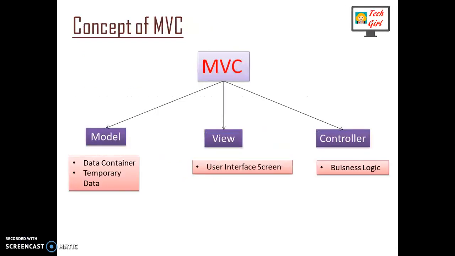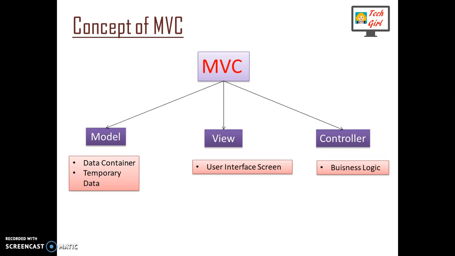So this is the concept of MVC. What is MVC? M stands for model, V stands for view, and C stands for controller. So what is model basically? Model is temporary data or a data container. You don't have to confuse between a model and the database. Database is the main permanent storage which we have with us for the whole project.